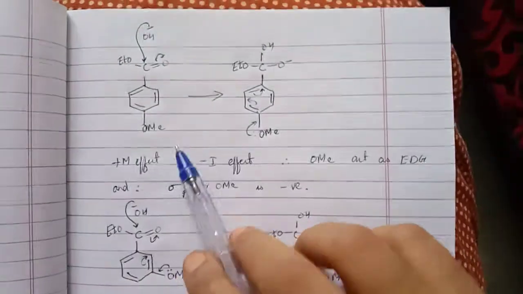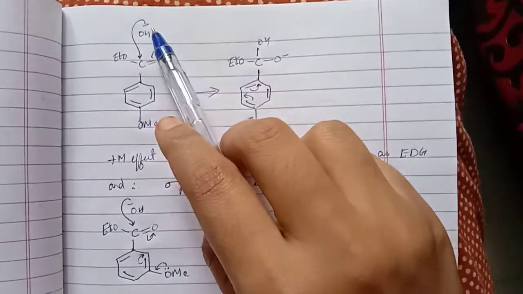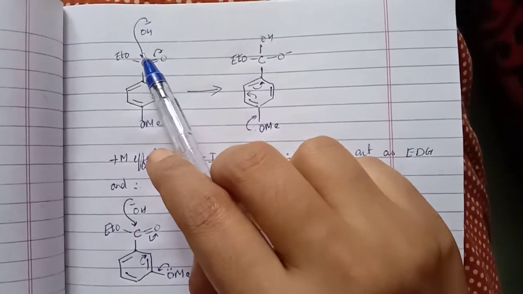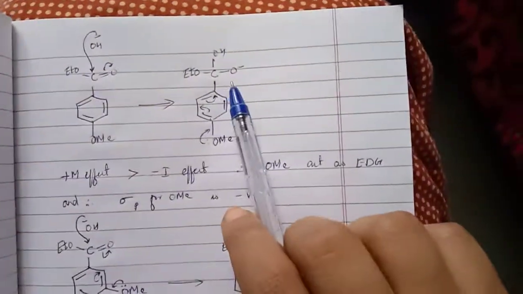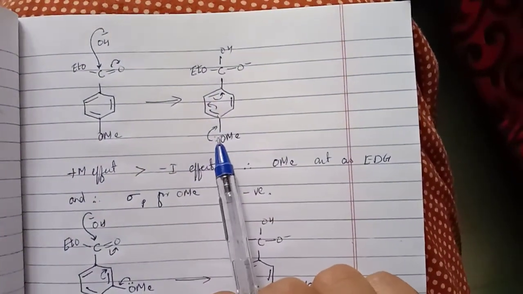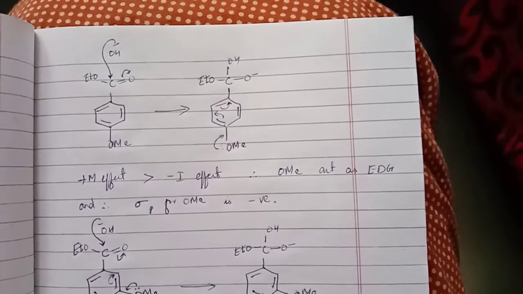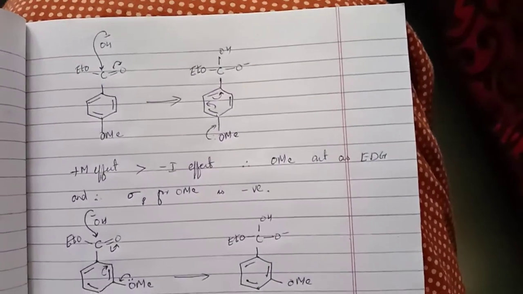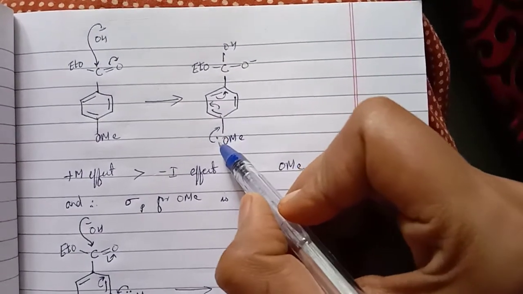So two cases we have to consider. Now we consider the OMe group at the para position. OH minus comes and attacks the carbonyl carbon, and the electron shifts to the oxygen. So this is the tetrahedral intermediate. Now we consider two effects, the minus I effect of the OMe and the plus M or plus R effect of the OMe. This is the plus M effect.